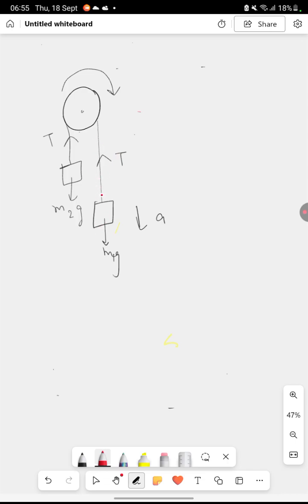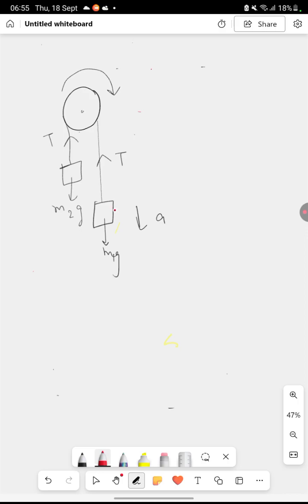It is facing a tension T, and this is another mass that is hanging with this rope. This rope is facing a tension T also. Okay, from here we can see M1G.